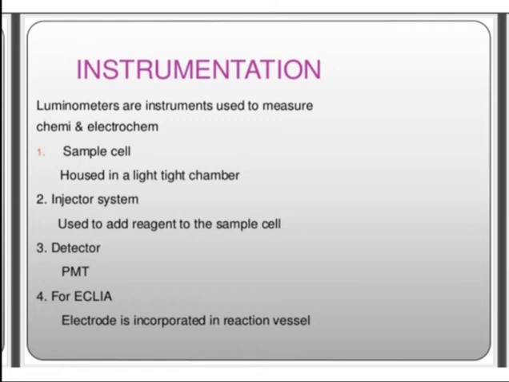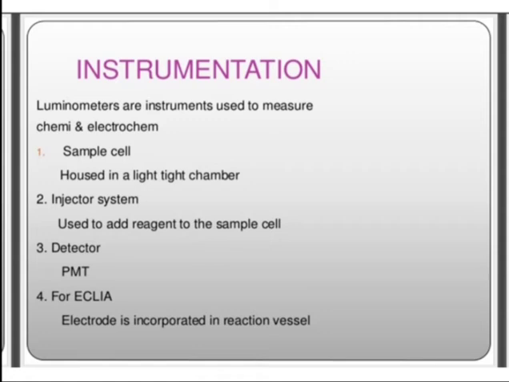Here is the instrumentation of the chemiluminescence. Luminometers are the instruments useful for the measurement of chemiluminescence and electrochemiluminescence. The parts, as earlier we have seen, are the same as the chemiluminescent apparatus, and the instrument is useful for electrochemiluminescence.